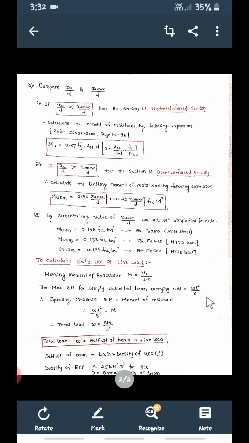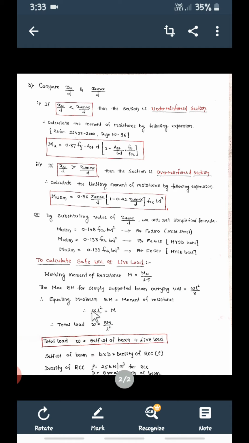So this is the bending moment coming on the beam, and this is the resistance given by the beam. These two must be equal. Equating these two, WL square by 8 is equal to M, the working moment. So total load is equal to what?